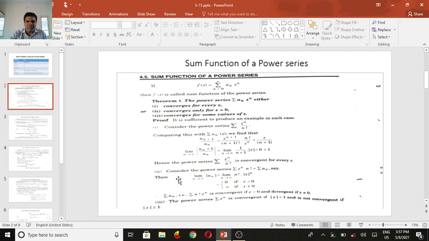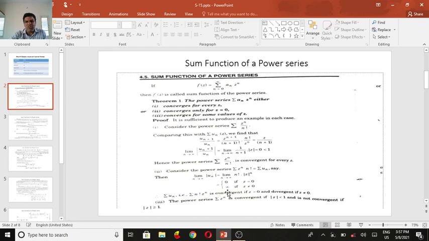Now consider the power series summation n factorial z to the n, which we can write as summation u n. The limit as n tends to infinity of the absolute value of u n equals the limit of n factorial times z power n.